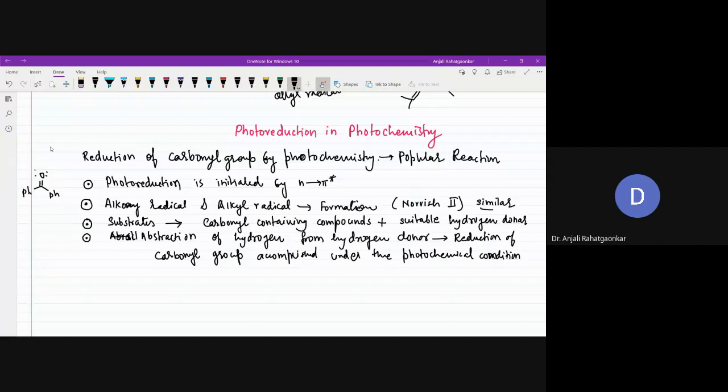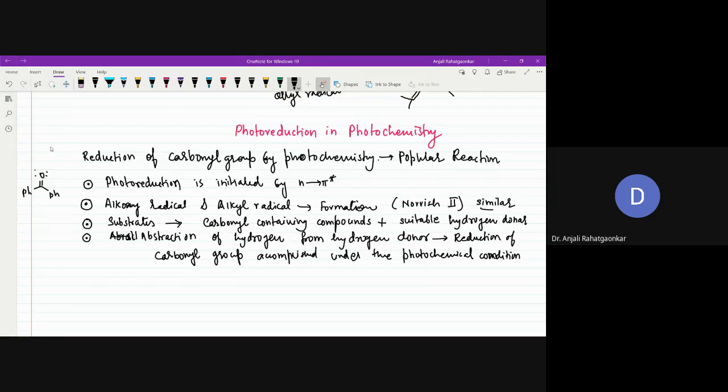We are using benzophenone or carbonyl containing compounds and other suitable hydrogen donors. Due to abstraction of hydrogen from the hydrogen donors, the carbonyl group gets reduced, and you will get the photoreduced product.